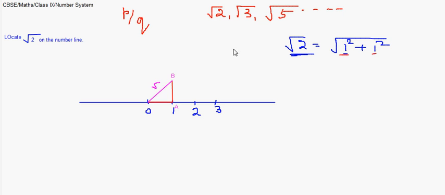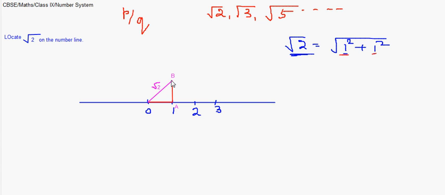So this is root 2, that is OB, but we have to place it on the number line. So what we do is, using our compass, mark OB and keep the needle at the point O of the compass. Try to make an arc. I will be using my free hand to draw that.